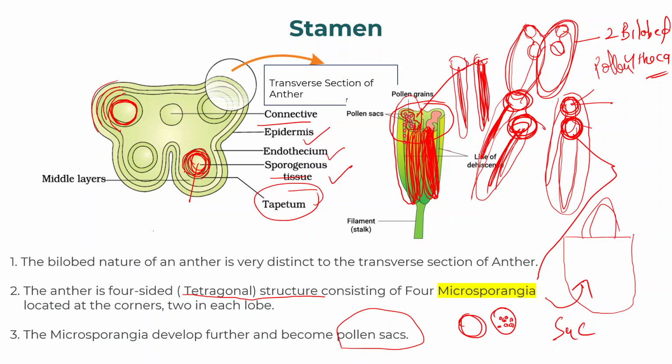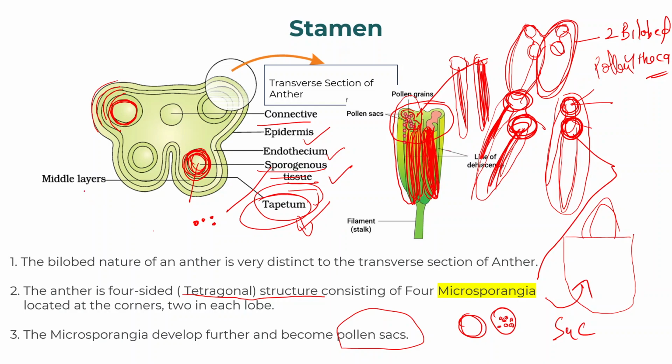It acts as a nourishment tissue to the sporogenous tissue so that it could divide further and form pollen grains. To do that process, this tissue needs energy or food. So tapetum provides nourishment so that the whole pollen grain development process could occur. Okay, so tapetum is for nourishment.